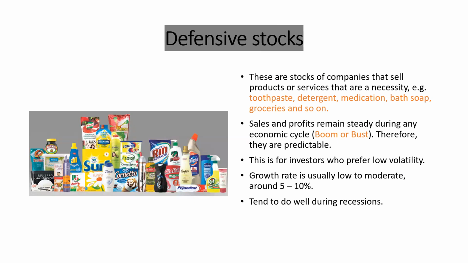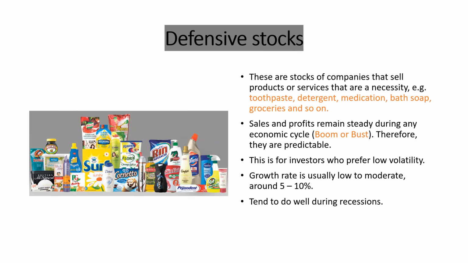Defensive stocks. These are stocks of companies that sell products or services that are a necessity. For example, despite the condition of the economy, whether we're in a recession or a boom, consumers still have to buy toothpaste because we still have to brush our teeth. You still have to buy detergent to clean around the house.